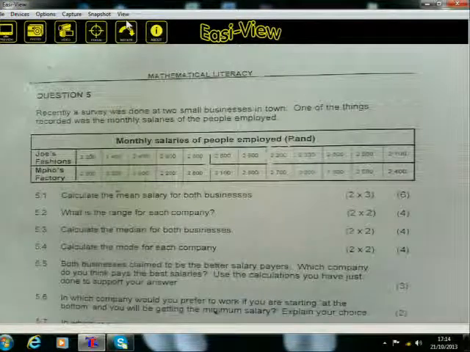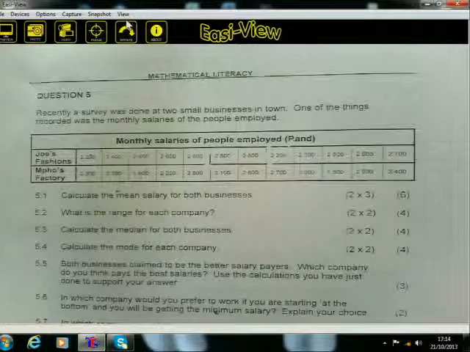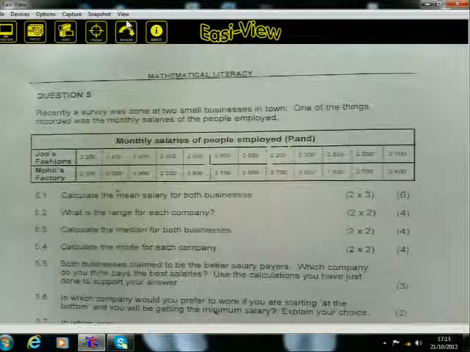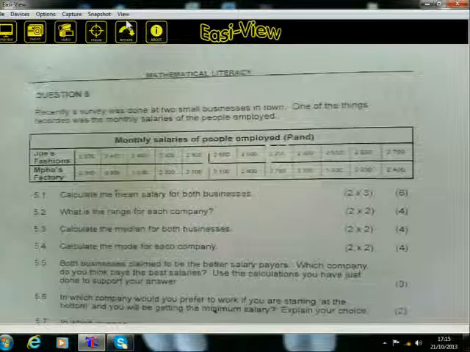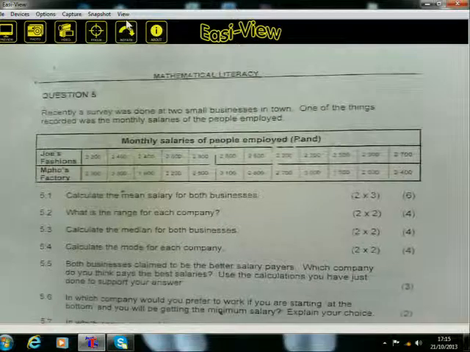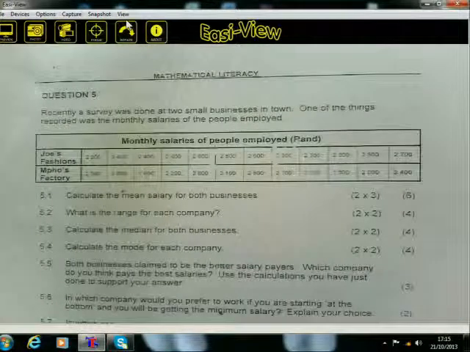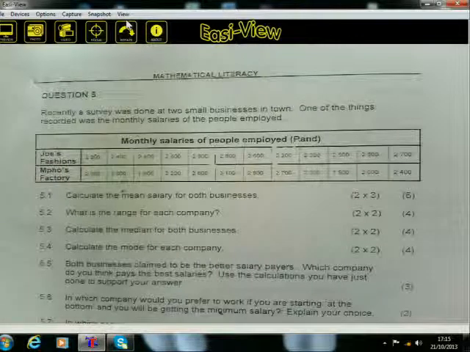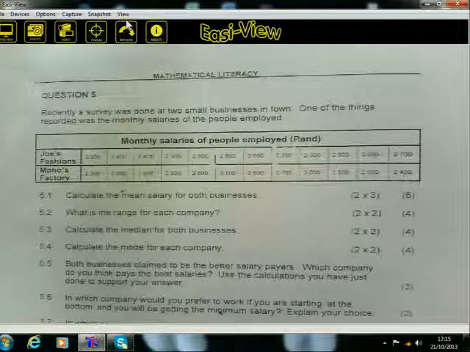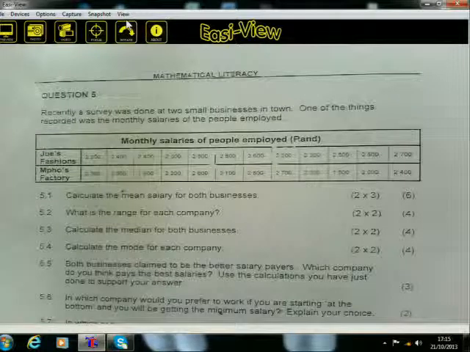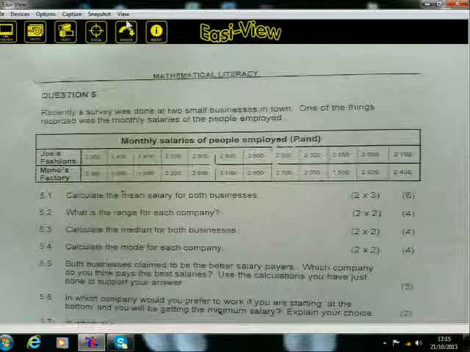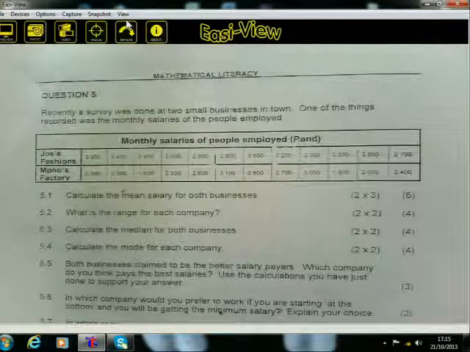Recently, a survey was done at 2 small businesses in town. One of the things recorded was the monthly salary of the people employed. There is a given table. You have Joe's Fashions, you have Mpo's Factory.